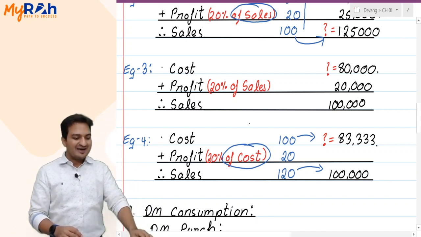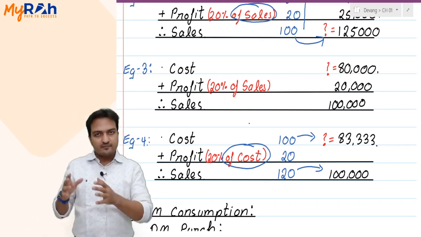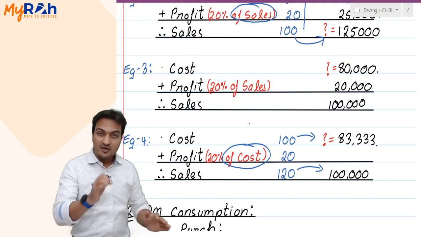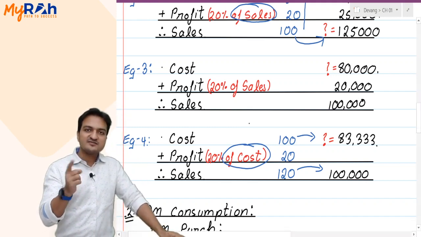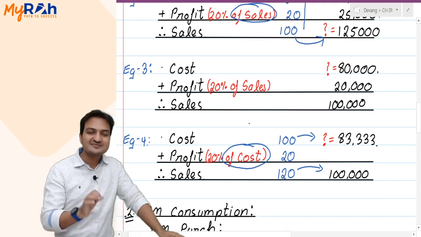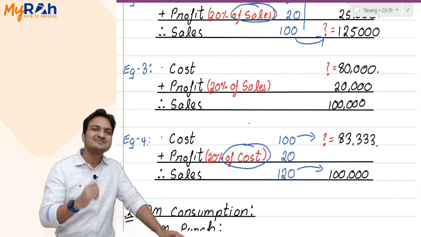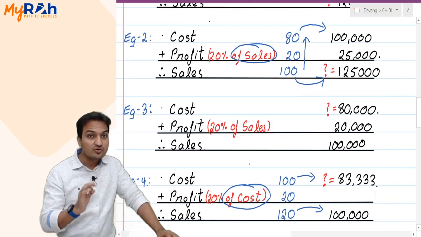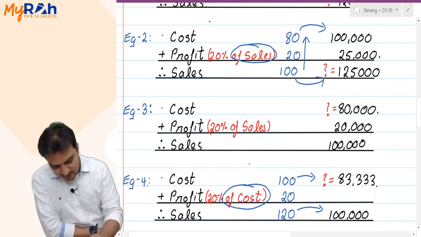So in short, I can make a general rule over here. General rule saying that if profit is based on something and that something is missing, assume that missing as 100. Notice that is exactly what I did in example 2 and in example 4.